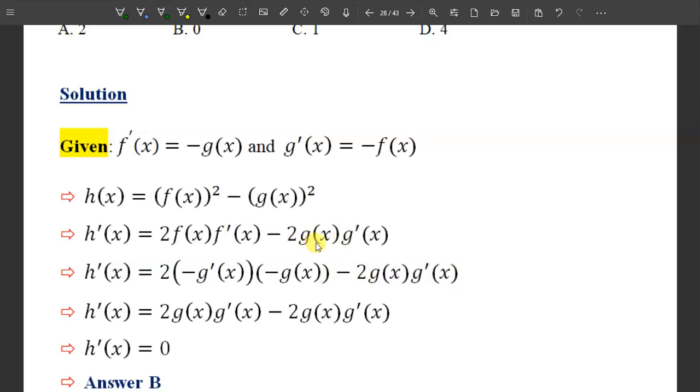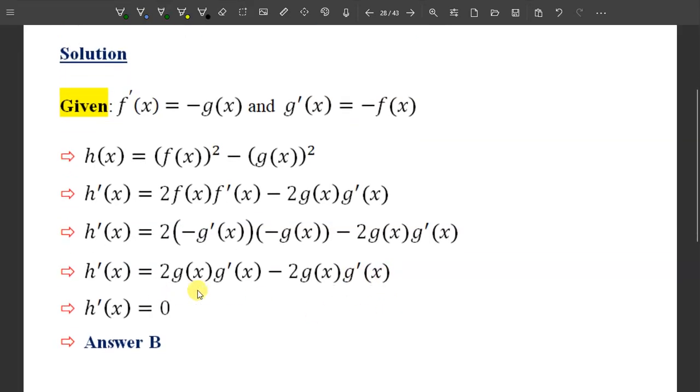And here we have again minus 2g of x times g prime of x. Minus times minus becomes positive, and therefore the product becomes 2 times g of x, g prime of x. Here we have minus 2g of x times g prime of x.